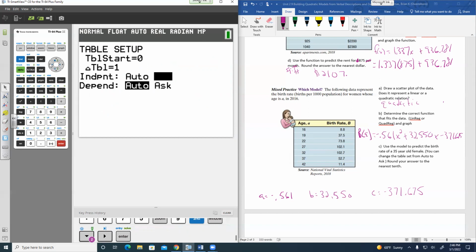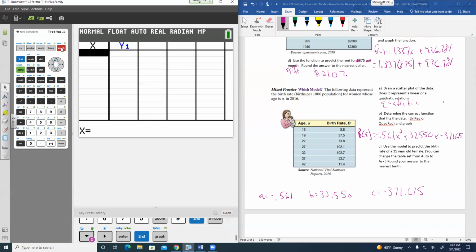And now when I go to my table, if it's second table, I can now input my values. And since they said the age of the female is 35, if I put 35 in, it'll put the 35 into the function for me and do the math of 80.35.